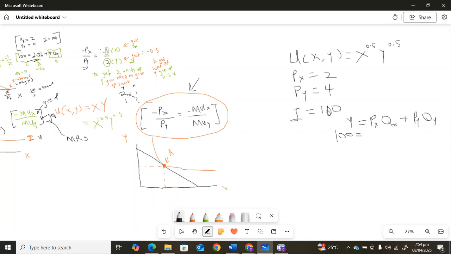So the price of good X is 2 qx, plus the price of good Y, 4 qy.